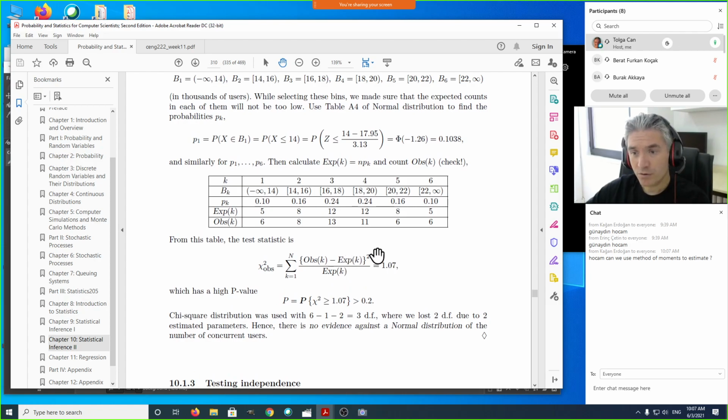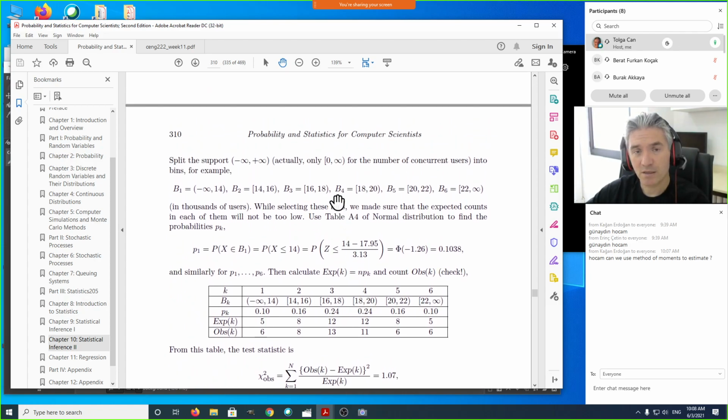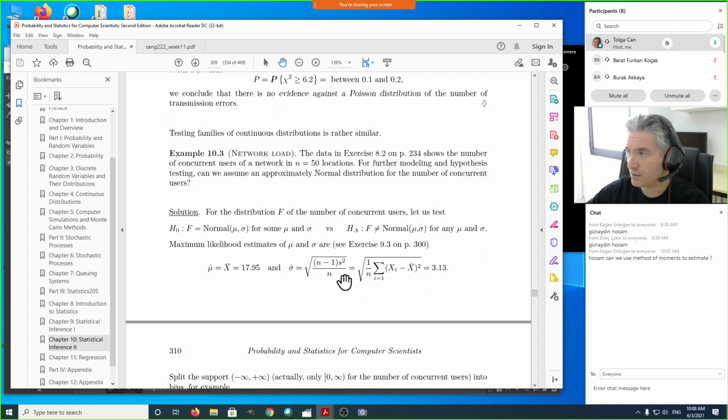We can also use the method of moments to estimate parameters in chi-square, but I think most of the time maximum likelihood is used. I don't think there's a hard rule against using method of moments.